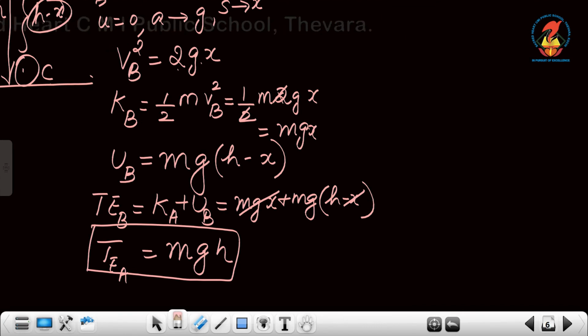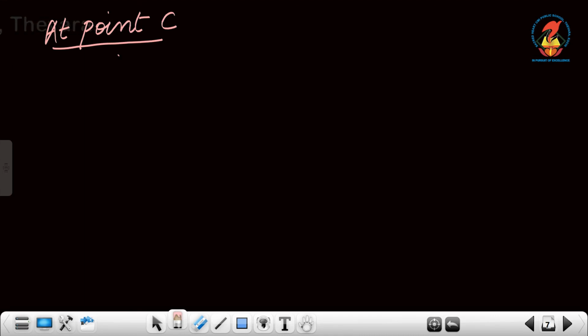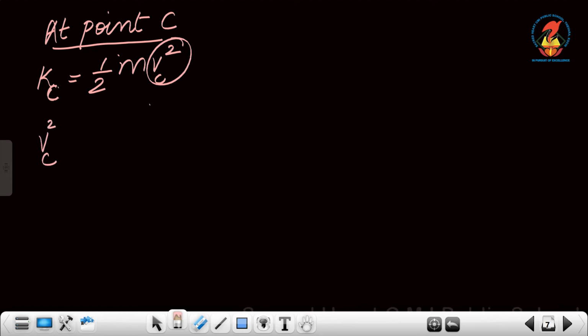Now let us take the case at point C. At point C, kinetic energy is Kc is equal to half mvc square. So we have to find out what is Vc, isn't it? So again Vc square minus u square is equal to 2as.